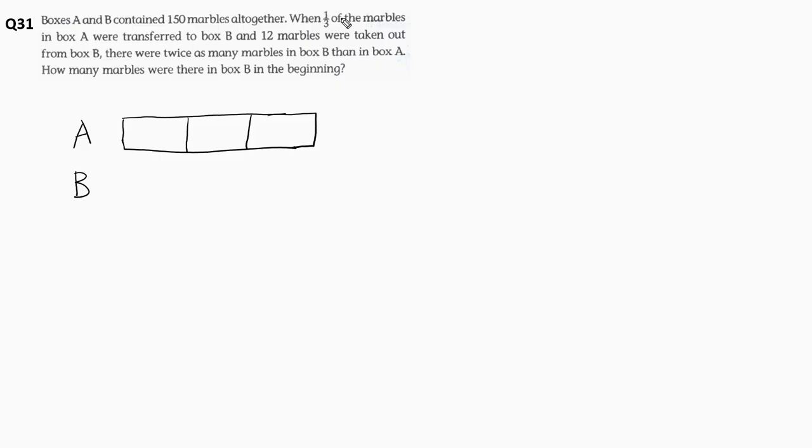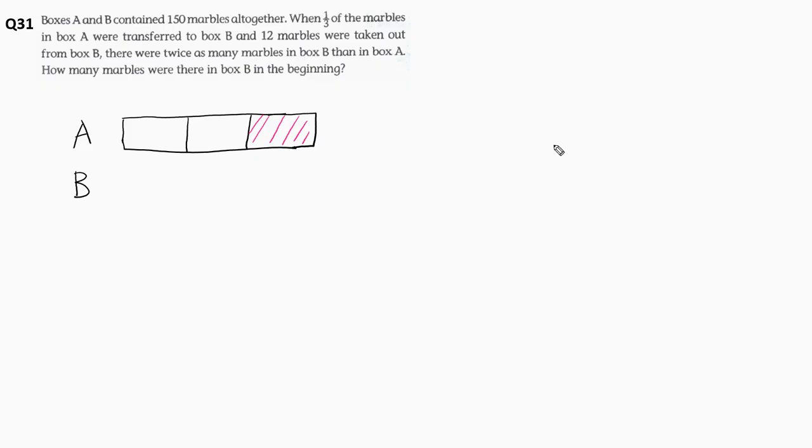And it says that when 1/3 of the marbles in A were transferred to box B and 12 marbles were taken out from box B, there were twice as many marbles in box B than in box A. So 1/3 of the marbles were taken out. So this is what's going to be taken out from A and transferred to B.